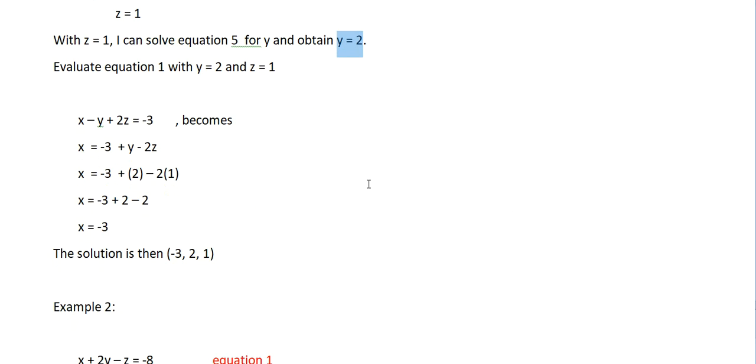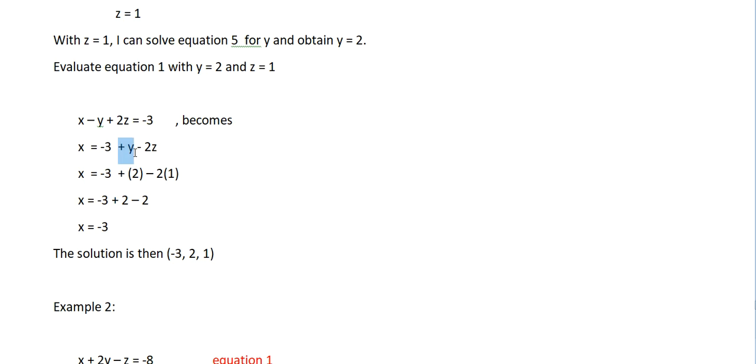Now we're going to go back to equation 1. We're going to evaluate equation 1 with y equals 2 and z equals 1. So x minus y plus 2z equals minus 3 becomes x minus y plus 2z equals minus 3, because we maintain that same factor there. Remember, we've moved y across the equality, so in order to get rid of it here, we have to add plus y to both sides. Minus y plus y is 0.